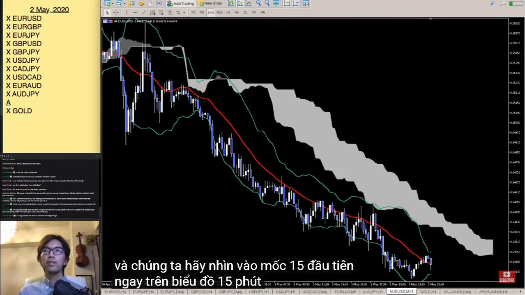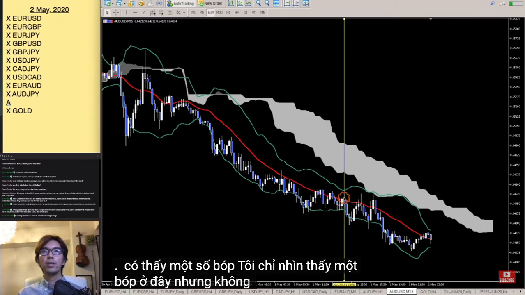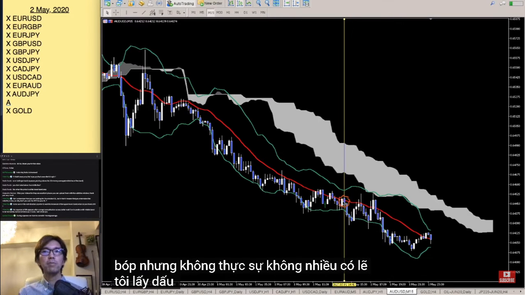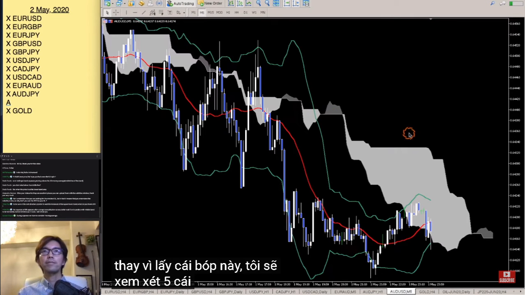On the 15-minute chart, I do see some squeeze. I only see one squeeze here, but not quite. Squeezing, but not really that much. Maybe I take trades, maybe not. Not quite sure. So rather than taking this squeeze, I would take a look at the 5.